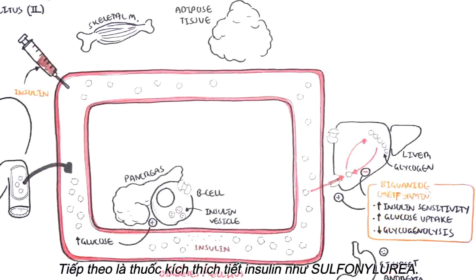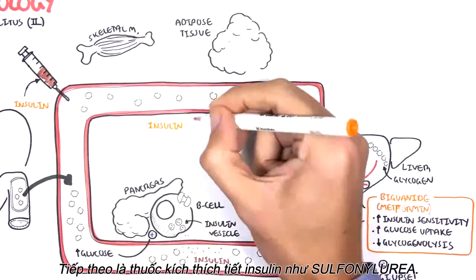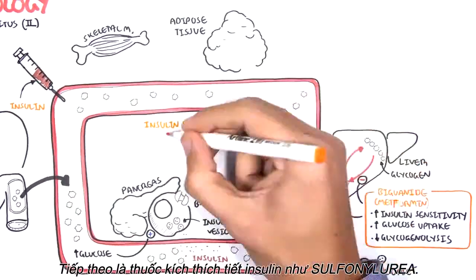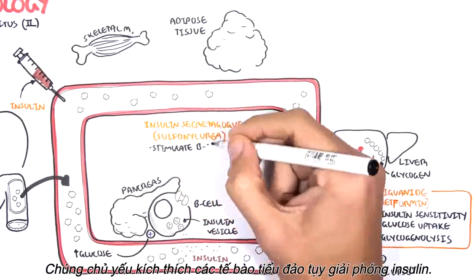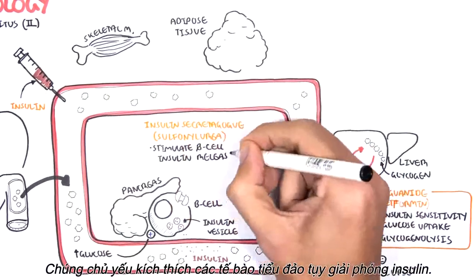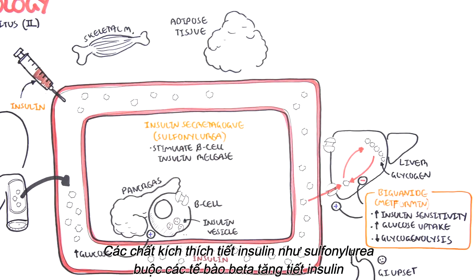The next pharmacological medications are insulin secretagogues, such as sulfonylurea. Now these guys stimulate essentially B cells in the pancreas to release insulin. So insulin secretagogues, such as sulfonylurea, these guys basically force the B cells to pump out insulin.